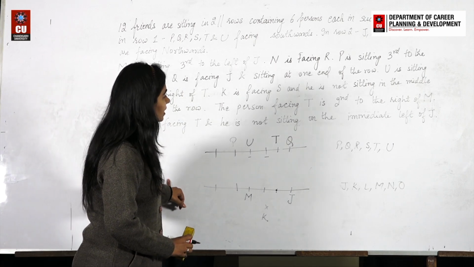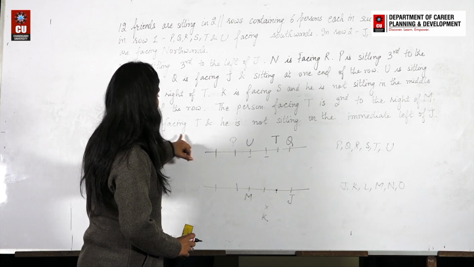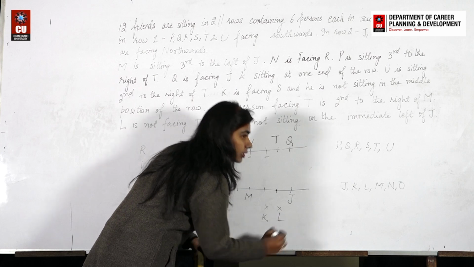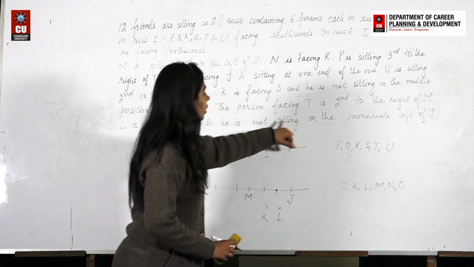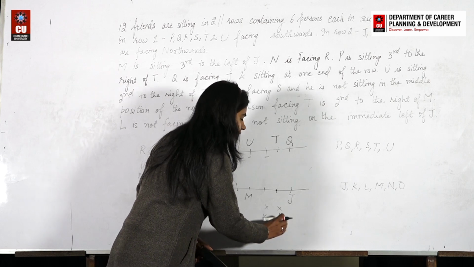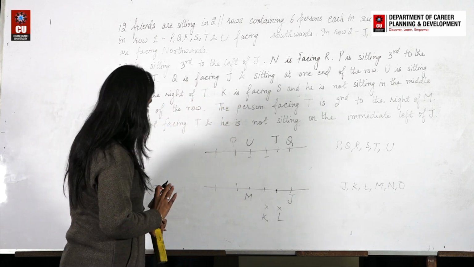Now, the last statement says L is not facing T, so L will not be placed here. And L is not sitting on the immediate left of J, so L will not be placed here.